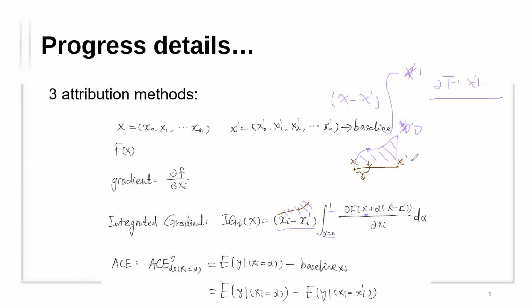Are you understanding my point? Yeah, I get your point. I think this line should be the partial derivative of f, not f. In this case we are not using multiple variables, just a single variable.